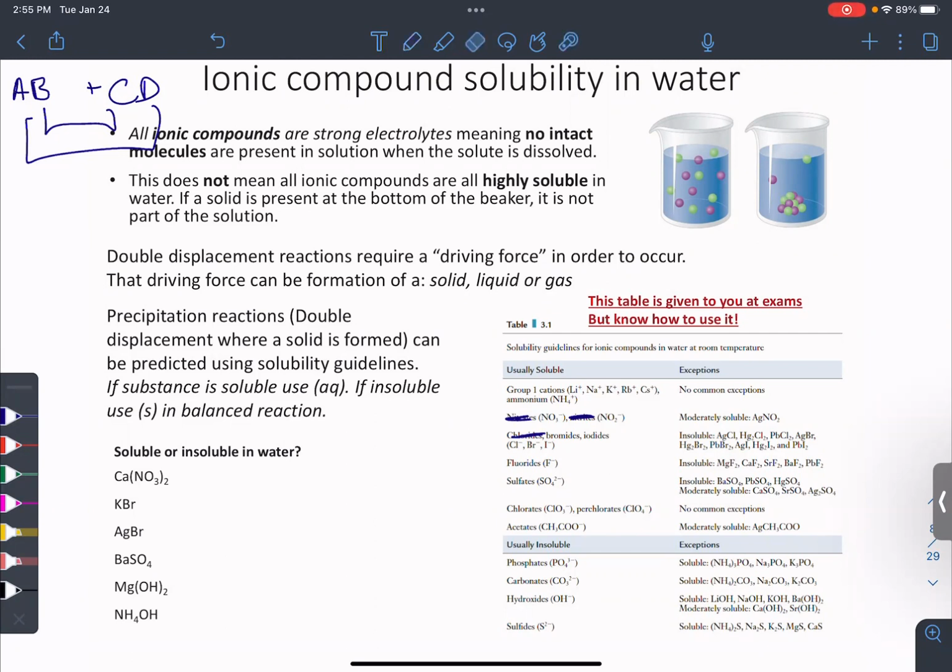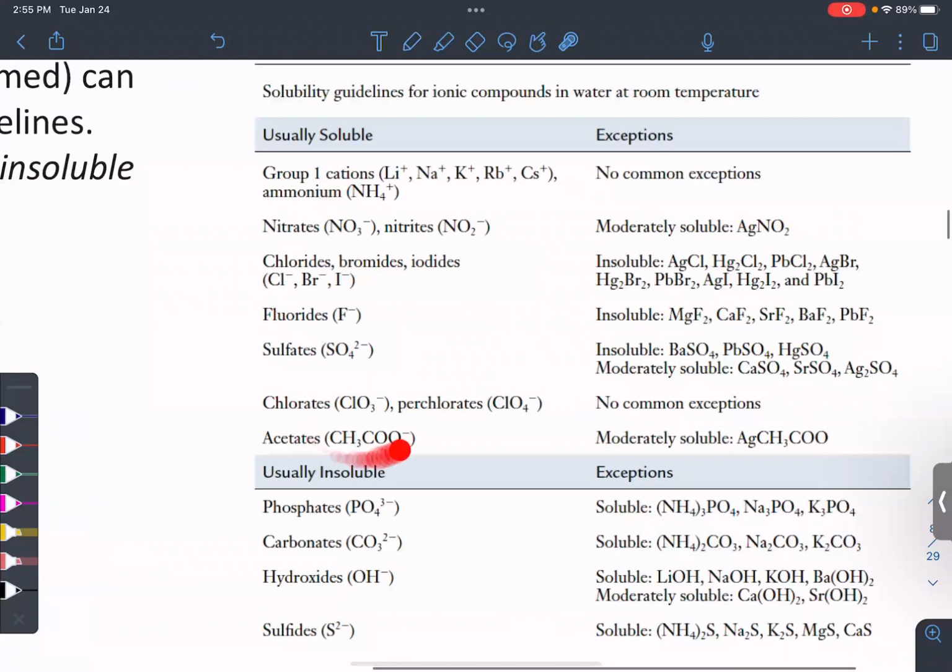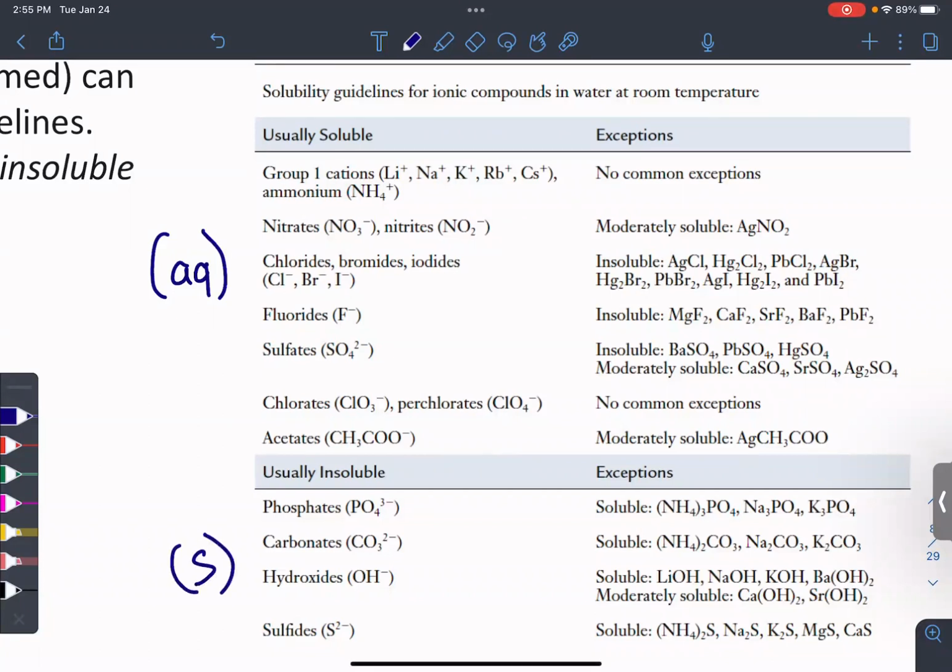How we read this table is we look at the different anions listed here. These top ones are usually soluble in water. Here are the exceptions. Things that are soluble in water will always get the aqueous designation in our balanced chemical formula. When things are insoluble in water, they don't dissolve, so they get the solid designation. Do note the exceptions.